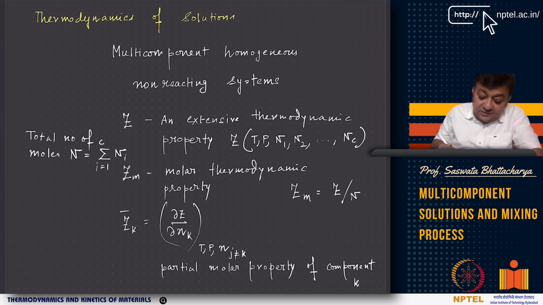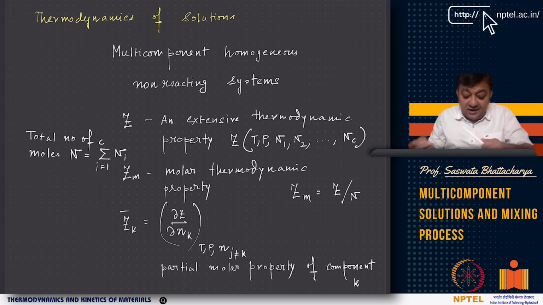Okay, now let us look at the partial molar property I have already defined in the last two classes. So Zk bar is the partial derivative of Z with respect to Nk, that is, with respect to species K, the concentration of species K in terms of mole number.